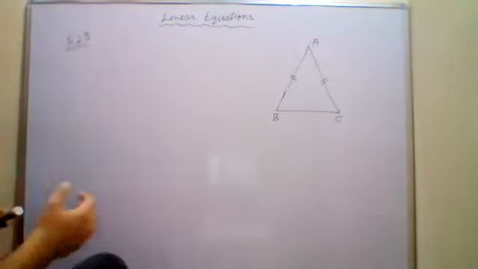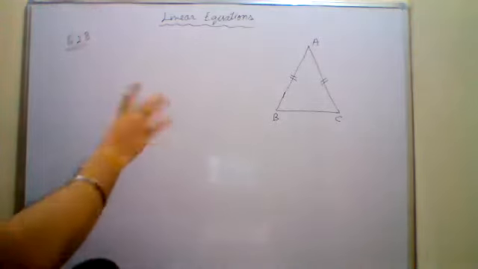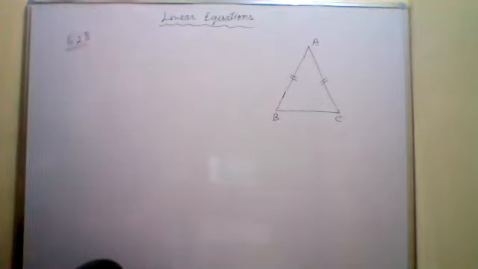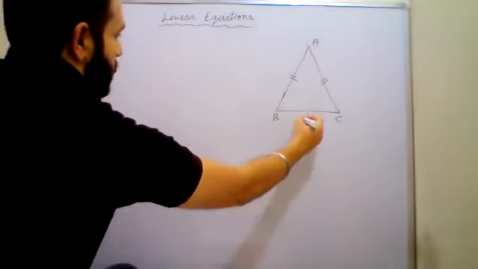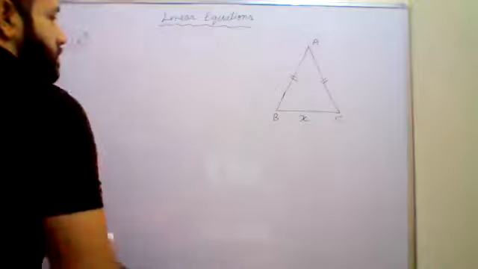Now, two equal sides of a triangle are each 5 meter less than twice the third side. First of all, let us assume that the third side is x.